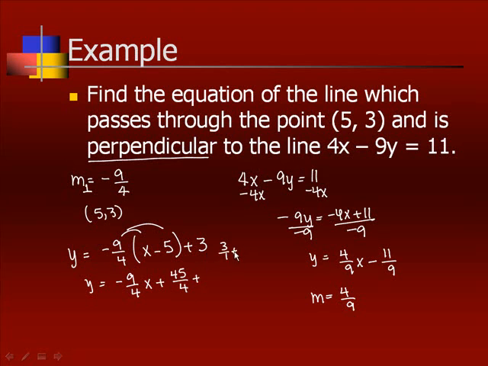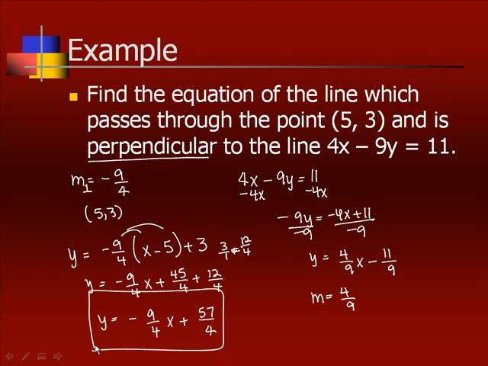Well, 3 is 3/1, which is also, with an LCD, 12/4. So I'm going to go ahead and call that 12/4. So we get negative 9/4 x plus 57/4. That would be our equation that passes through the point (5, 3) and is perpendicular to them.